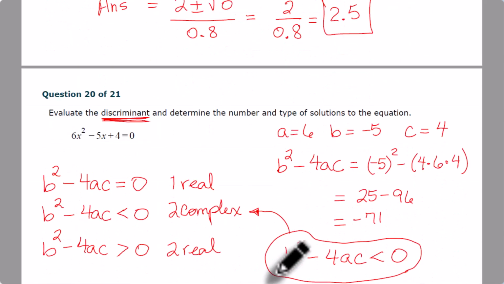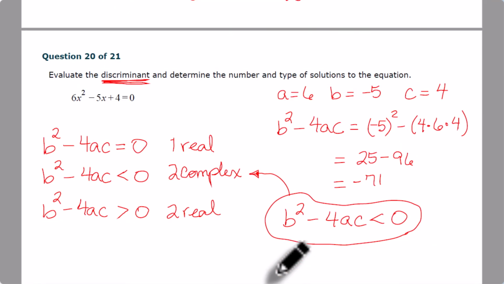All right, question 20. We're going to calculate the discriminant. You say, what is this discriminant thing? Well, way back on the quadratic formula, remember it looked like minus 1 times b plus or minus the square root of something all over 2a.